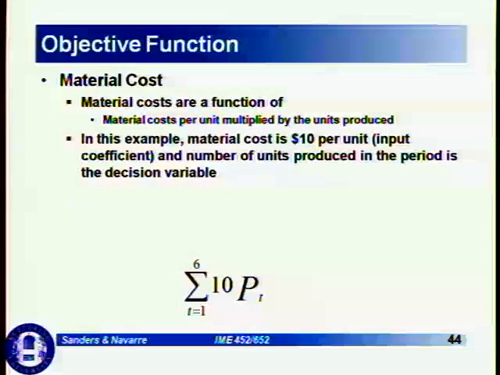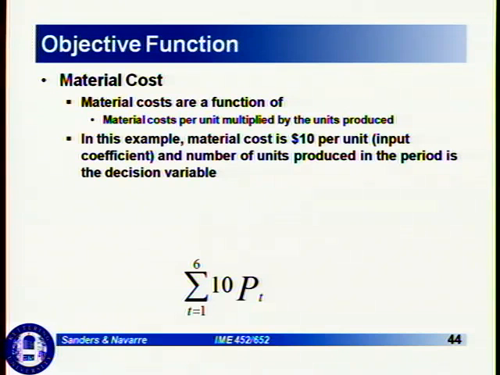Next, let's look at the material cost. Material cost is explicitly included in this calculation of total cost. These are the material cost per unit multiplied by the units produced. So this is that variable cost portion of the production of the product that does not include overhead and does not include labor cost. We're accounting for those separately. This is only the material cost.